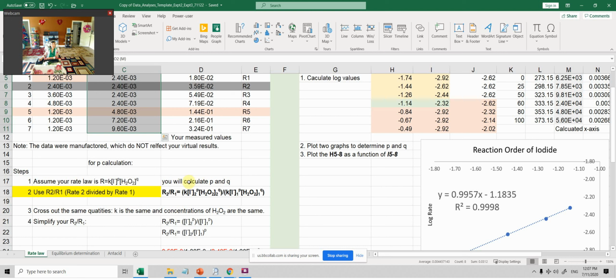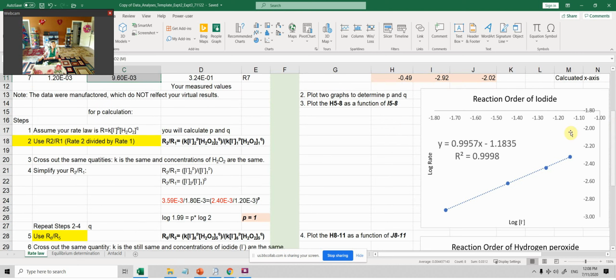In order to calculate your P, you are going to use your R2 and R1. You use R2 divided by R1, and then you write down this equation, R2 divided by R1 related to the concentration 2 divided by concentration 1. And then you are going to cross out the same quantities.